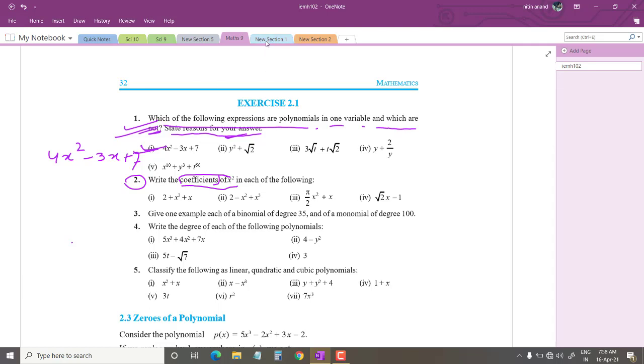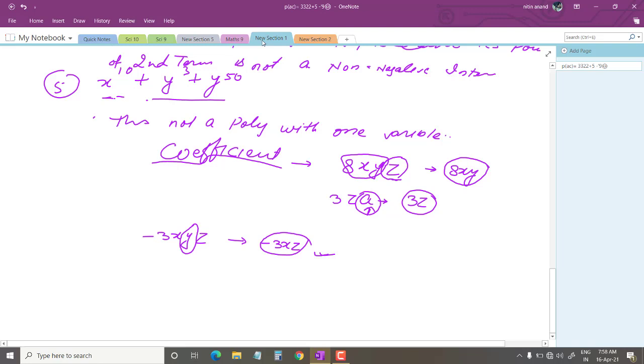Question number 2, first part. What is the coefficient of x square in each of the following? 2 plus x square plus x. Firstly we have to see the x square term. Where is x square?